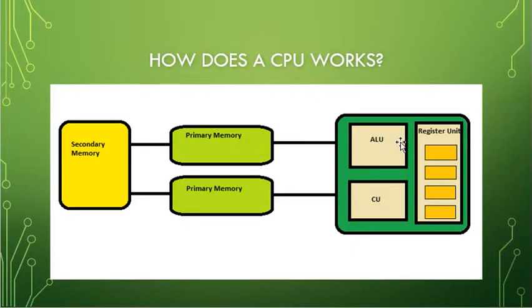So the first part of your CPU is the ALU. Not the first part, but one of the parts of the CPU is your ALU, which stands for arithmetic and logic unit. So what happens inside of this unit? All of the information or data will come inside of the ALU, and it will be manipulated here.